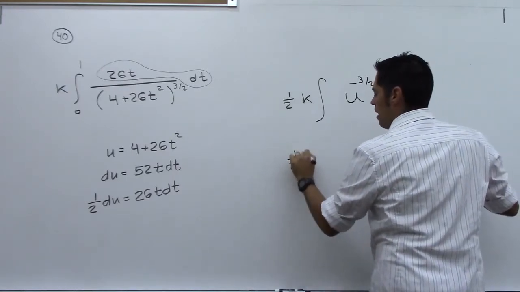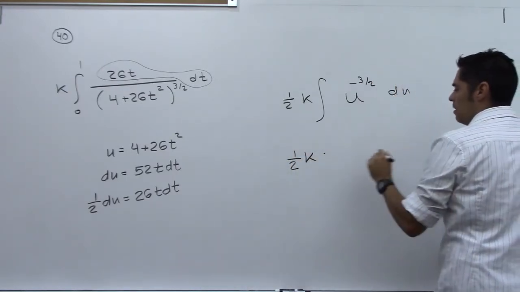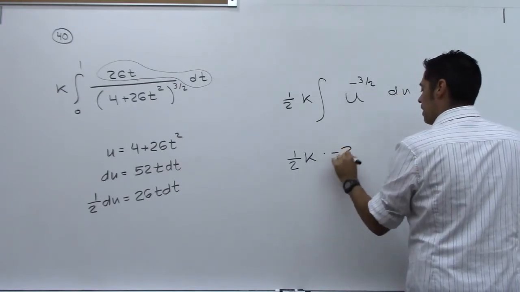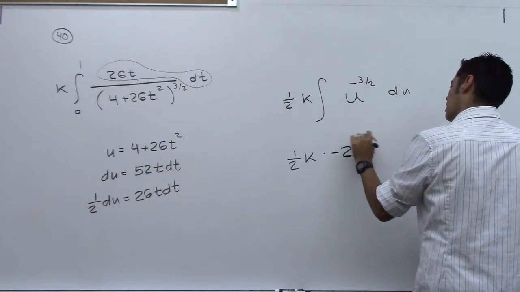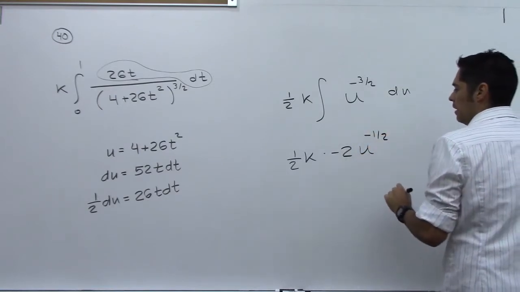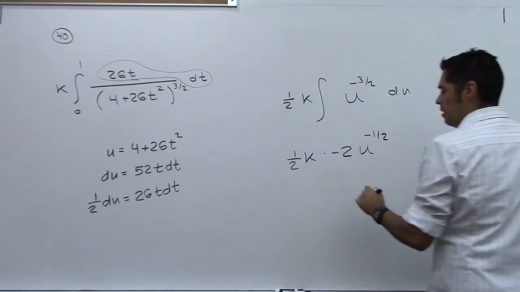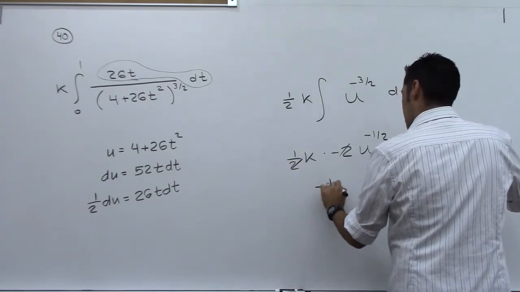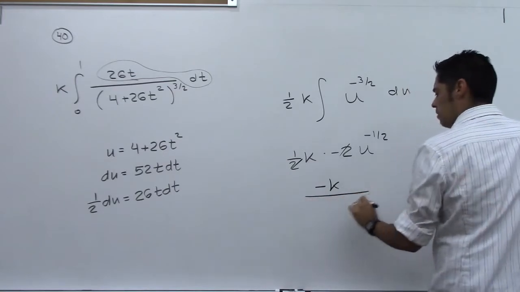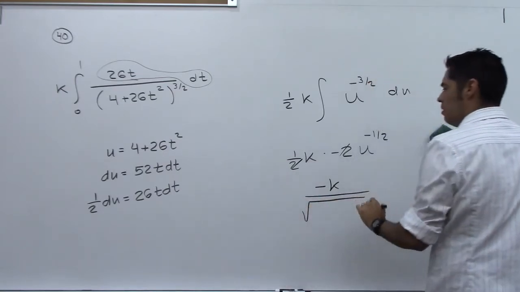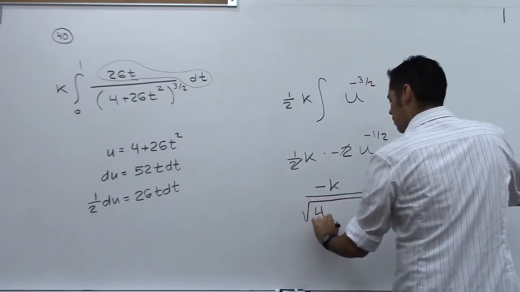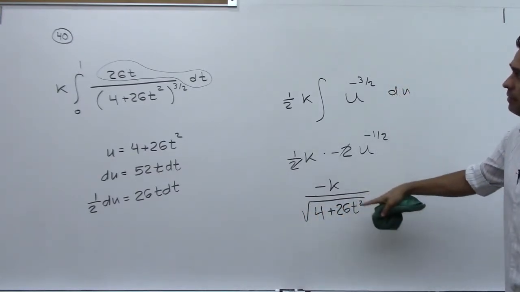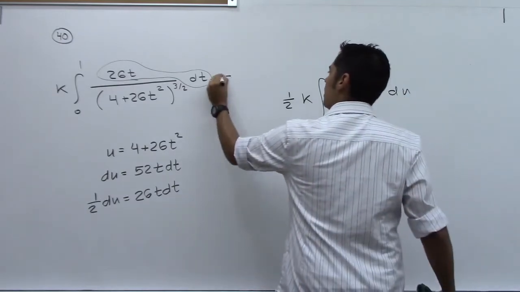So 1/2 k, add 1 to this, we get negative 1/2, flip it, so negative 2 u to the negative 1/2, plus some constant. So this is really just negative k over the square root of u, which was 4 plus 26t squared. So that's the antiderivative.